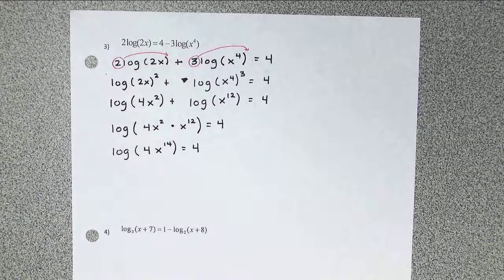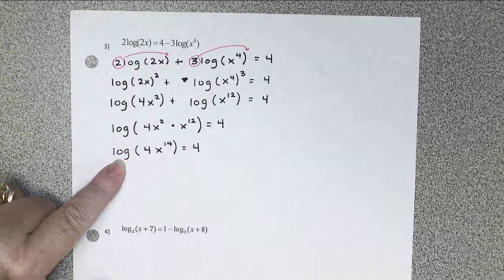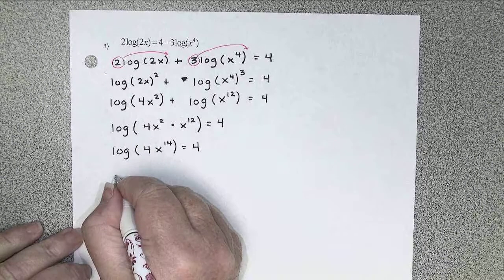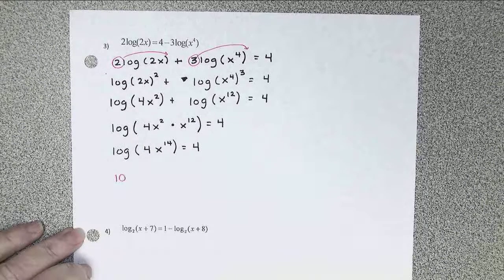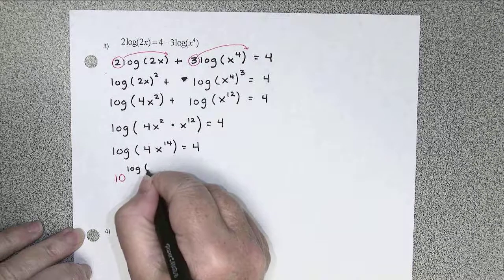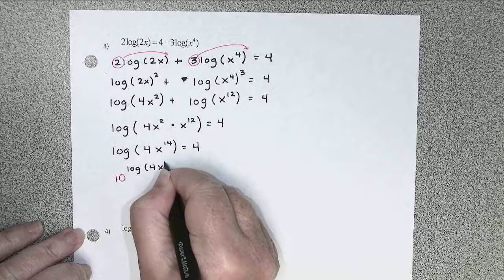And so now to solve the equation, I need to get rid of the logs. This is a log base 10, so its inverse would be an exponential base 10. So there we go, base 10 raised to the power, log of 4x to the 14th.